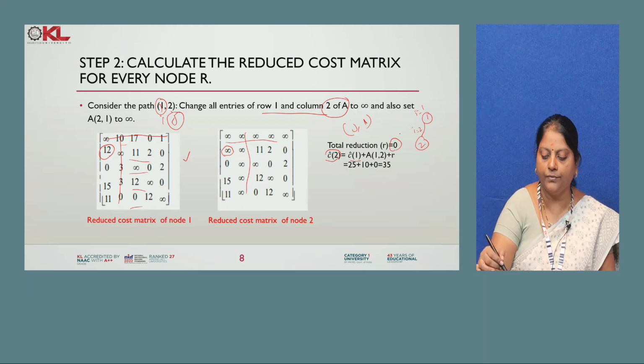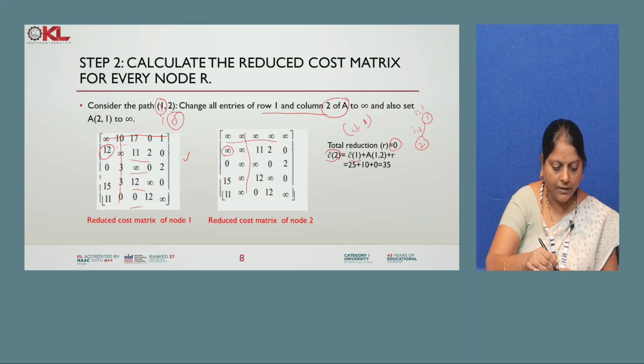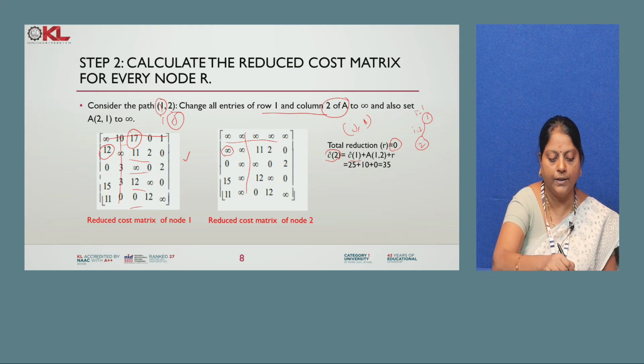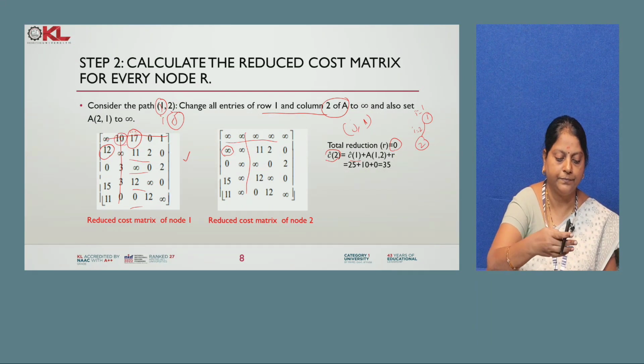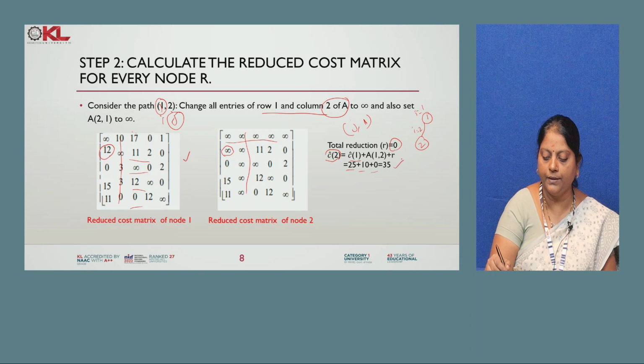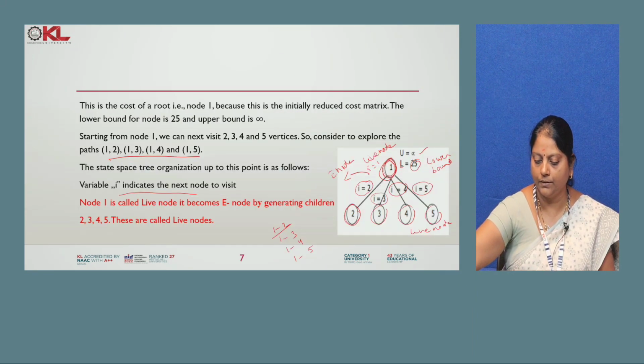That's why C of 1 is called the parent node and C of 2 is called the child node. A of 1 2 is the first row, second column value, that is 10. So 25 plus 10 plus 0 gives 35. This is the cost of the child node 2.